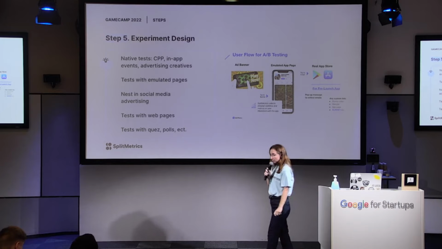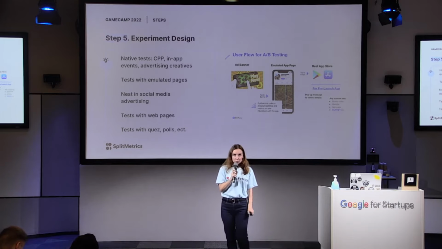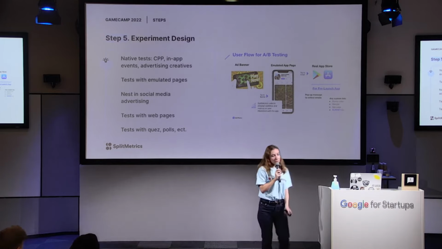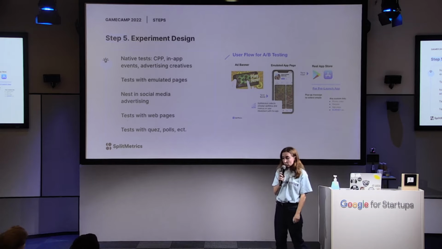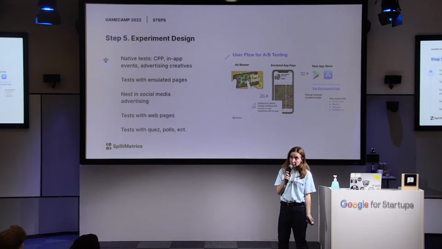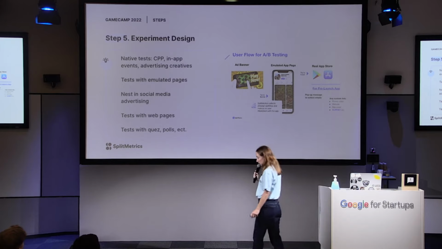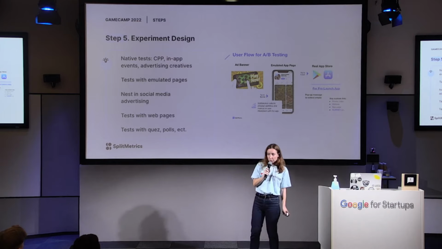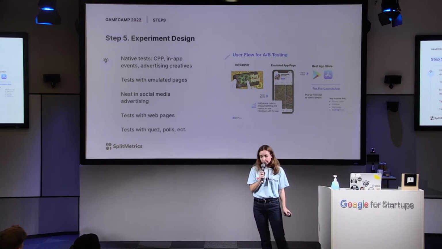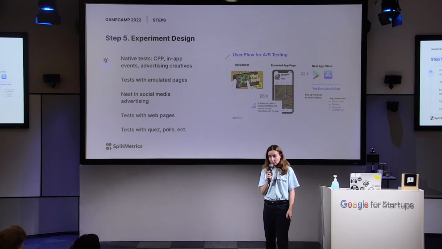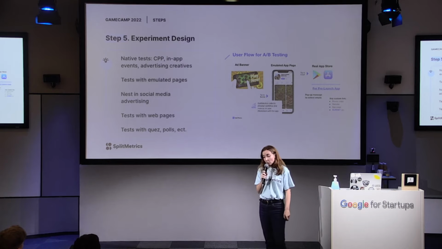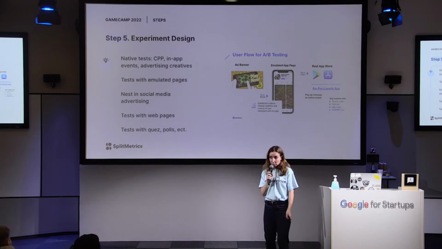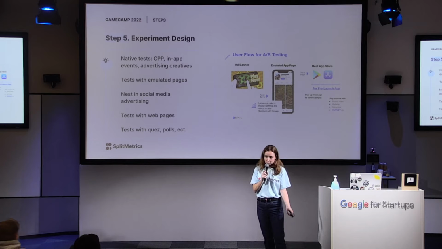Step number 5, experiment design. Here you have to decide: do you have money or not? If not, you could use native tests with CPP testing, in-app store, and in-app events testing. So, free native solutions. If you do have a budget, you could run tests with special products like ours. Or if you already have a game or an app in the store, you could also use native testing and test in social media advertising.